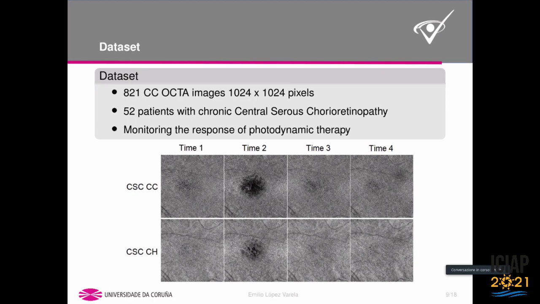For each of these patients, images of both eyes, healthy and diseased, were taken at 4 different time instances, which you can see in this image. These instances correspond to the instant pre-treatment, 2 days after the laser treatment, 1 month after the treatment, and 3 months after the treatment. You can see that the image of instant 2 is the one corresponding to the days after treatment because of the gray area with many black pixels.